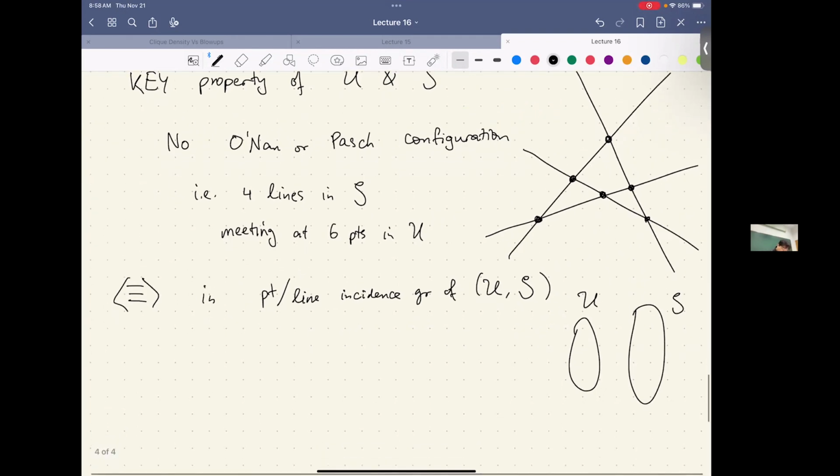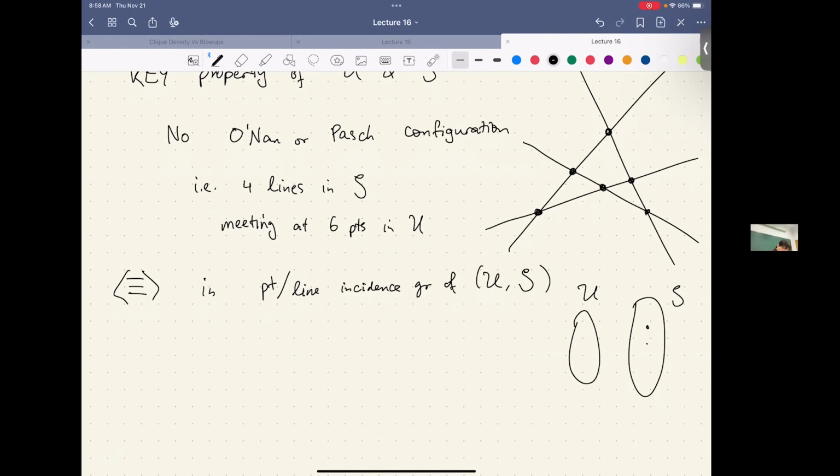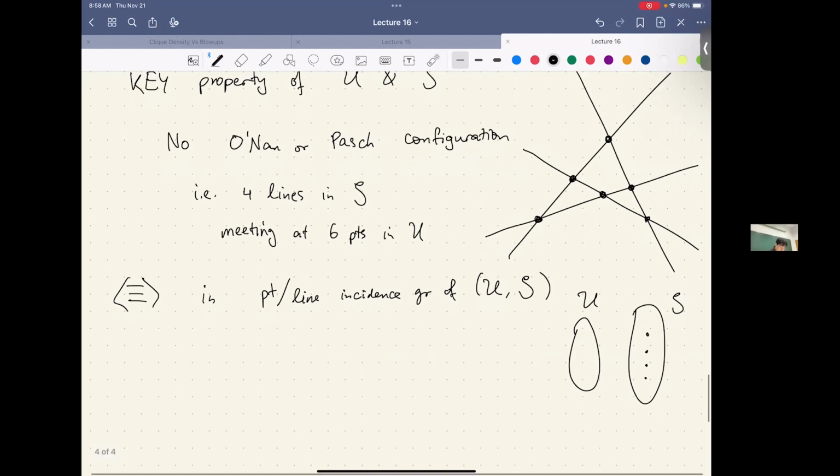This graph has no 4 vertices on the right such that they meet at 6 points. What does it mean, meeting at 6 points? Let's look at this line. Let's take this guy, and this guy, and this one. Why not? Meeting at this point.